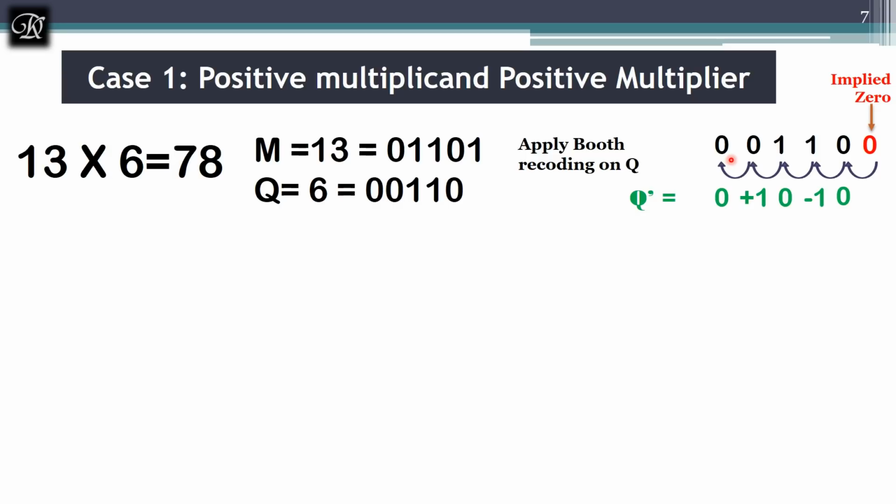Rather than multiplying a given number with 0 0 1 1 0, what we are going to do is multiply with 0, positive 1, 0, negative 1, 0. We will be getting the correct answer.